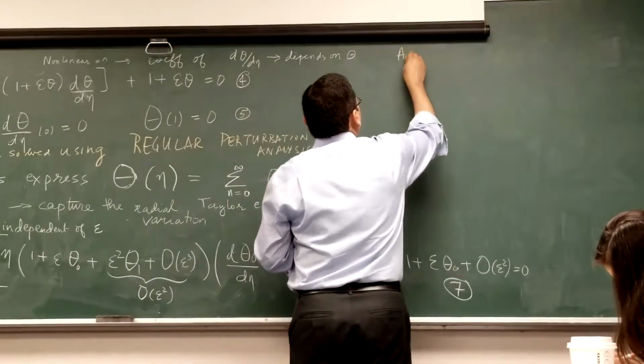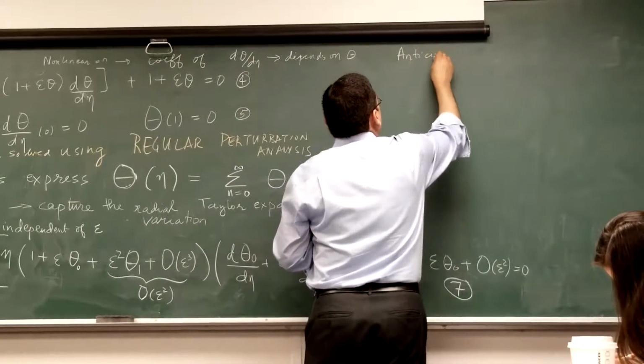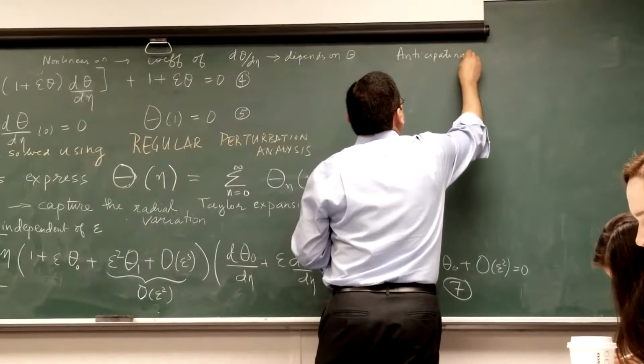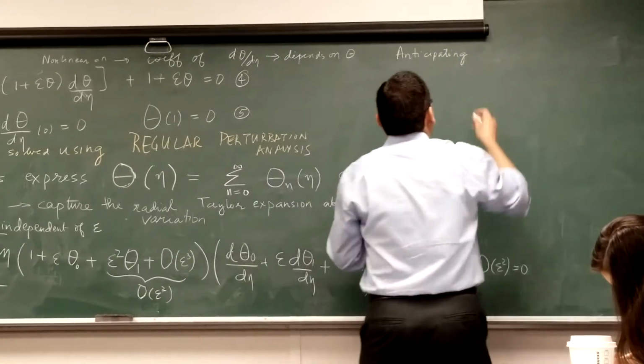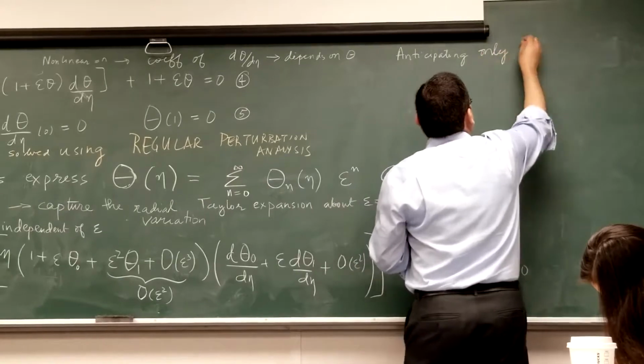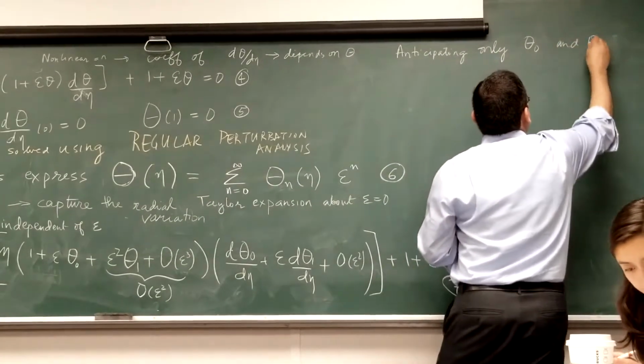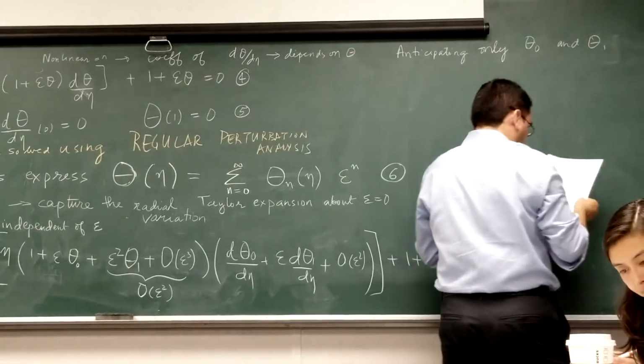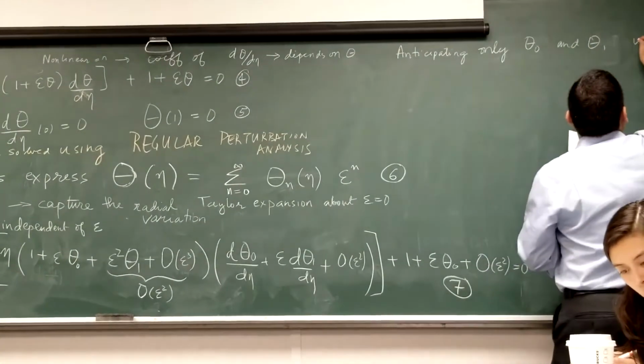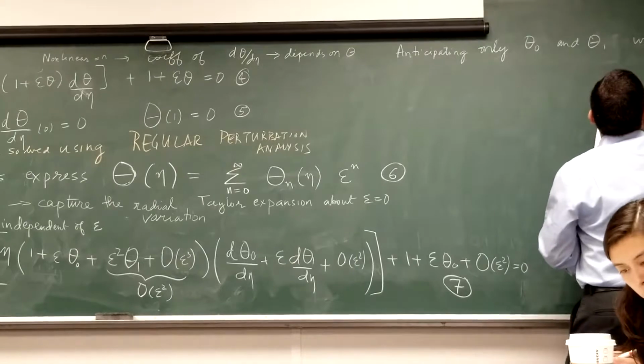We are already anticipating that we don't need higher order coefficients, so only theta naught and theta 1 will be evaluated.